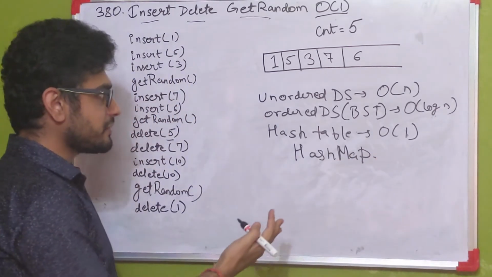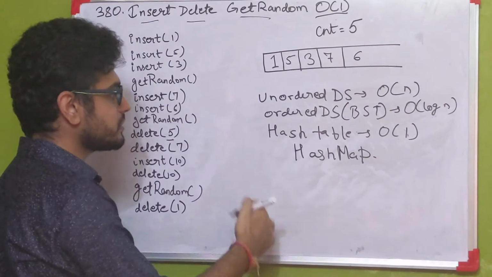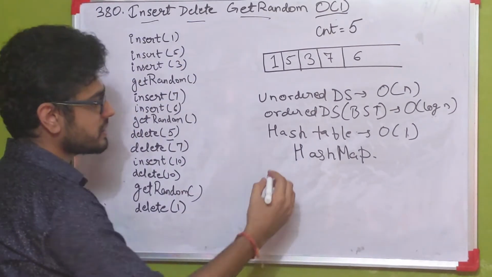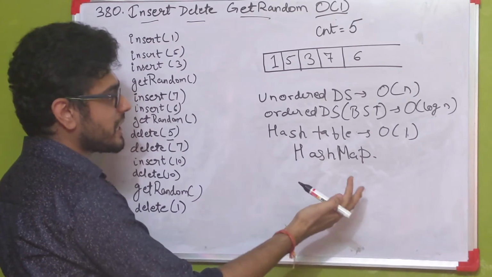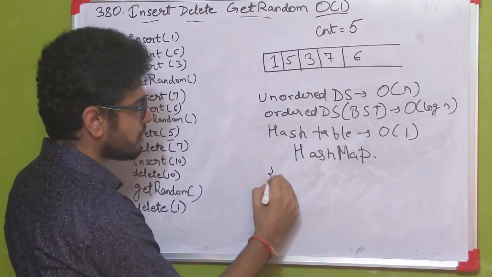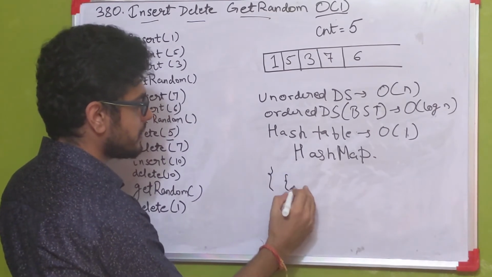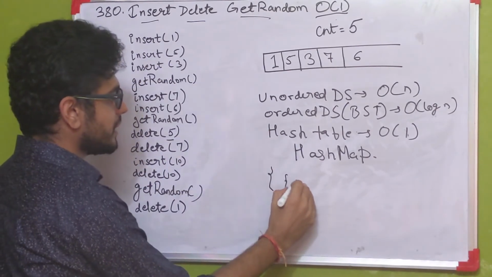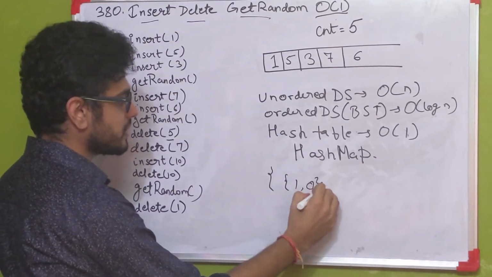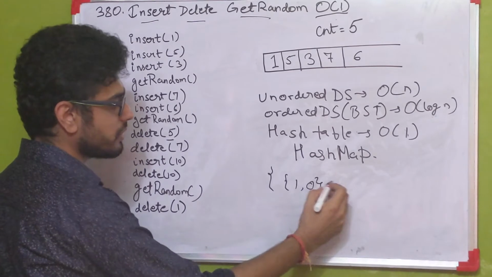So let's see how we are going to map all these elements to their indexes. As we go about these insert operations, we are going to insert them into the hash map as well, apart from putting them into the array. So we are going to maintain a hash map. Since 1 is being inserted at the 0th index, we map 1 to 0.